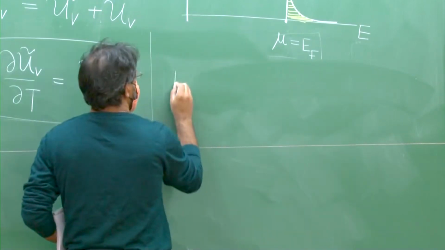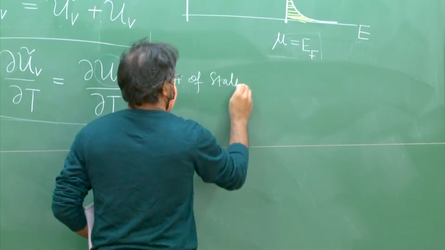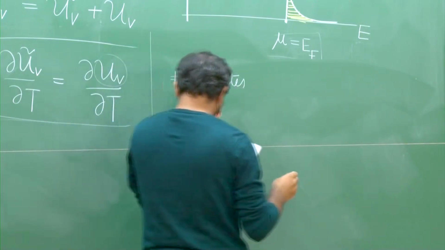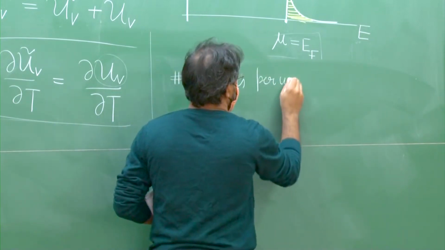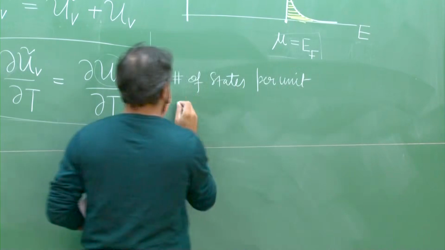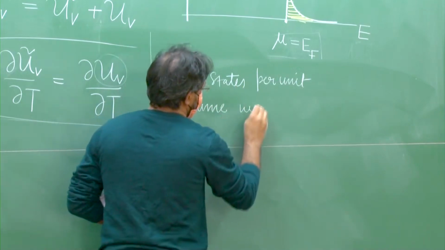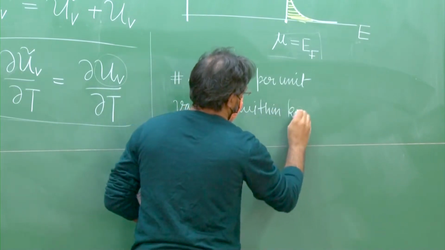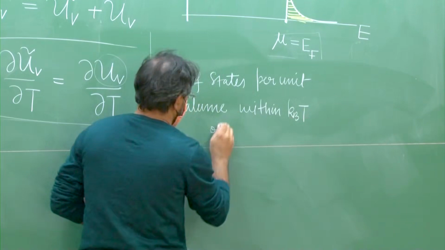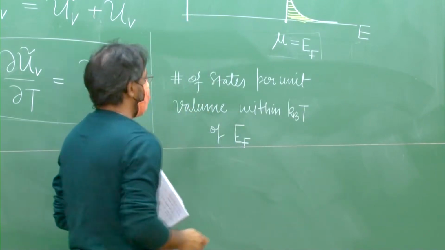The number of states per unit volume within kBT of EF will be how much?